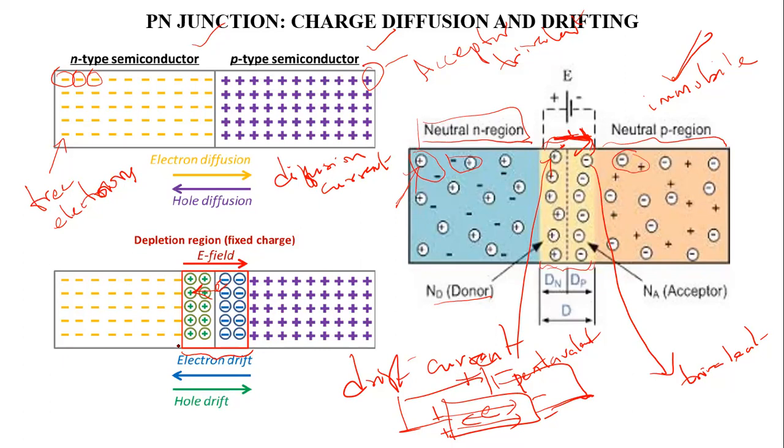So when we talk about this electron diffusion and electron drifting, when equilibrium is attained, when the electric field generated due to these positive and negative ions is sufficiently large, drift current will cancel out diffusion current, and the overall current across the p-n junction will become zero.